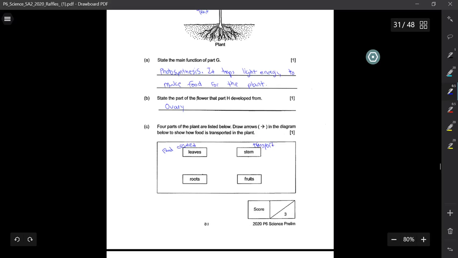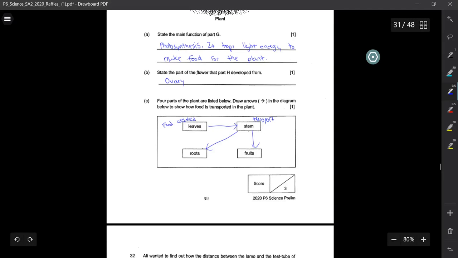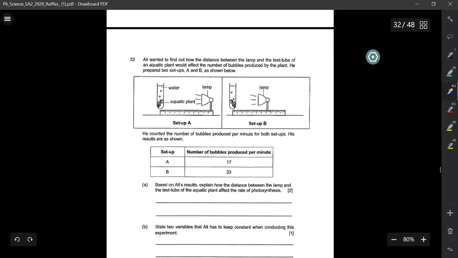So we know the rest don't really do much in the production or transportation of food. So that would mean that leaves go to the stem, and the stem transports it to both the roots and the fruits, because fruits will need it, and then the roots will also need it. So that's pretty simple.